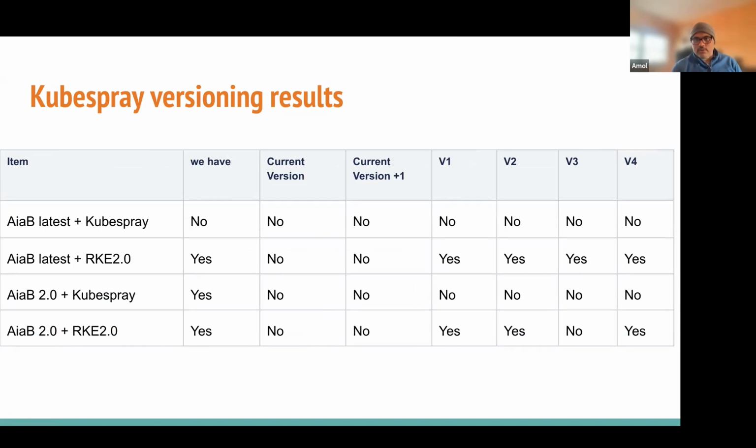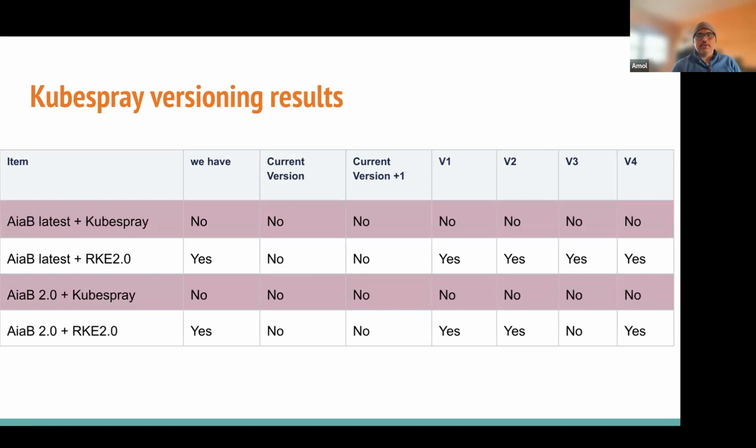We tested all those things, and we came to the conclusion that Kubespray is not at all successful on any of the testing environments that I adopted for the Kubespray investigation. So that's why I have now disabled all Kubespray jobs. Now only RKE 2.0 and RKE Master 2.0 are running on the cluster. So that is all about the Kubespray versioning investigation.